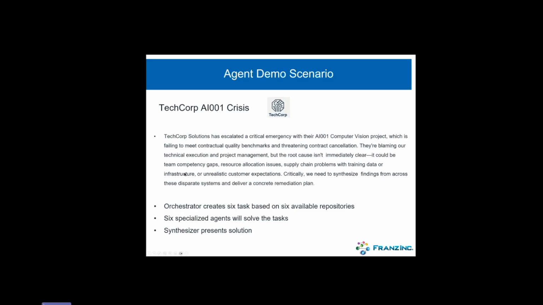It could be team competency gaps, resource allocation issues, supply chain problems, infrastructure, etc. So the issue is, why did it happen and how can we fix it? The orchestrator in this demo creates 6 tasks based on 6 available repositories. 6 specialized agents will solve the tasks, and then the synthesizer will present the solution.